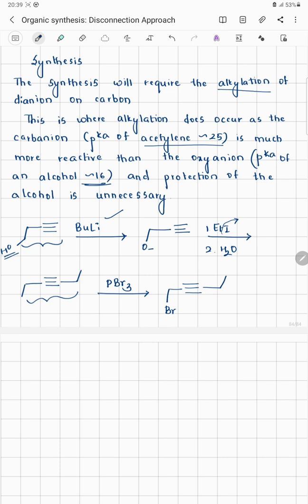So this is how substituted acetylenic bromide systems can be easily synthesized, just by making use of a suitable base and making use of the pKa of acetylene, which is more acidic than that of an oxyanion system, I can easily synthesize the acetylenic system.